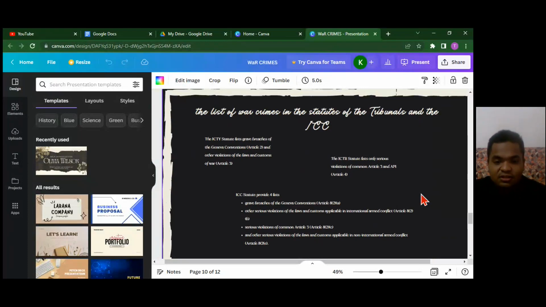The ICTY statute lists grave breaches of the Geneva Conventions in Article 2, and other violations of laws and customs of war in Article 3. The ICTR statute lists only serious violations of common Article 3 and Additional Protocol II in Article 4.